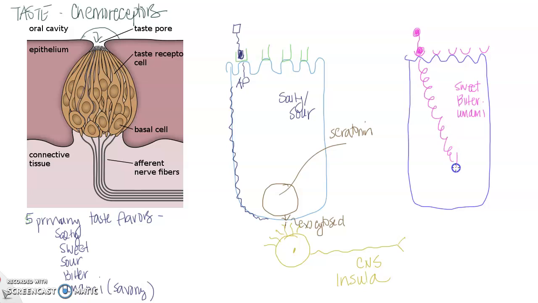We get a second messenger response. So this is the first messenger, and then we bind to the plasma membrane and then the G protein and so on, until you get to the second messenger. The second messenger in this causes something interesting. It causes the release of ATP. And that ATP stimulates a nerve that goes to the central nervous system, or the insula, with those flavors.